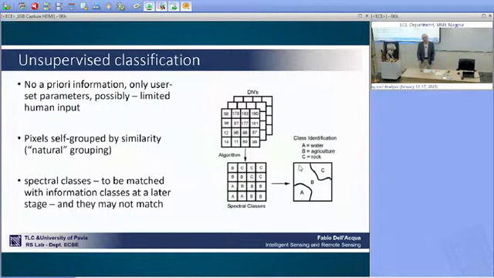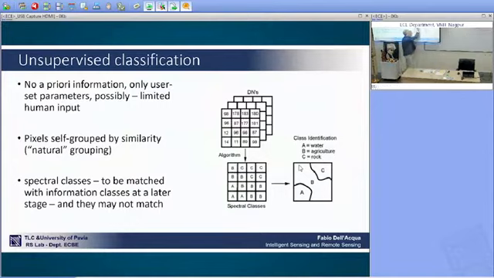But then it comes back through the window. I mean, you throw it out of the door, but it comes back through the window because at some point you will have to. The advantage is actually another one, which relates to spectral classes. What do I get when I use unsupervised classification?